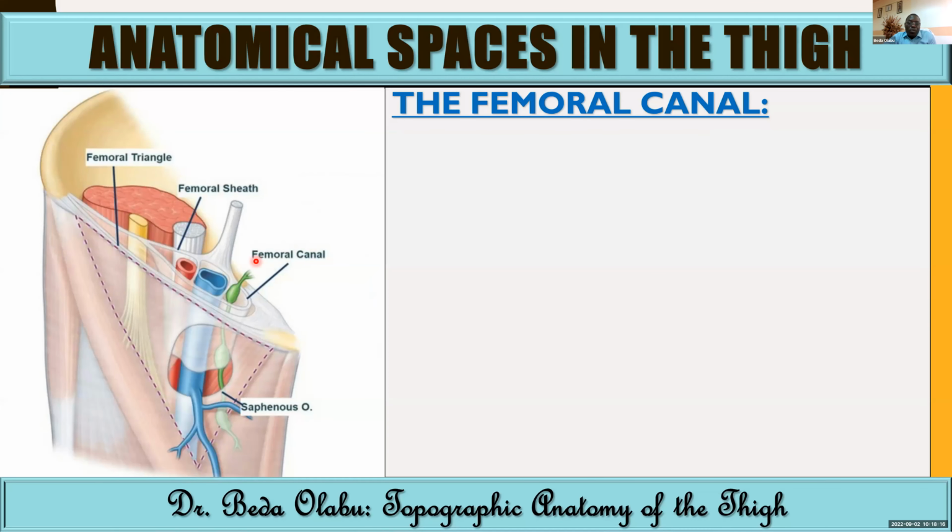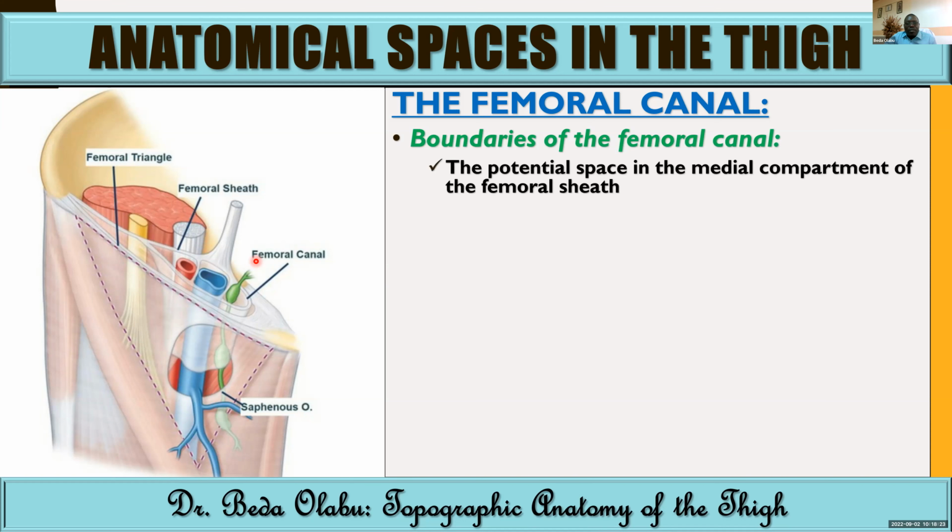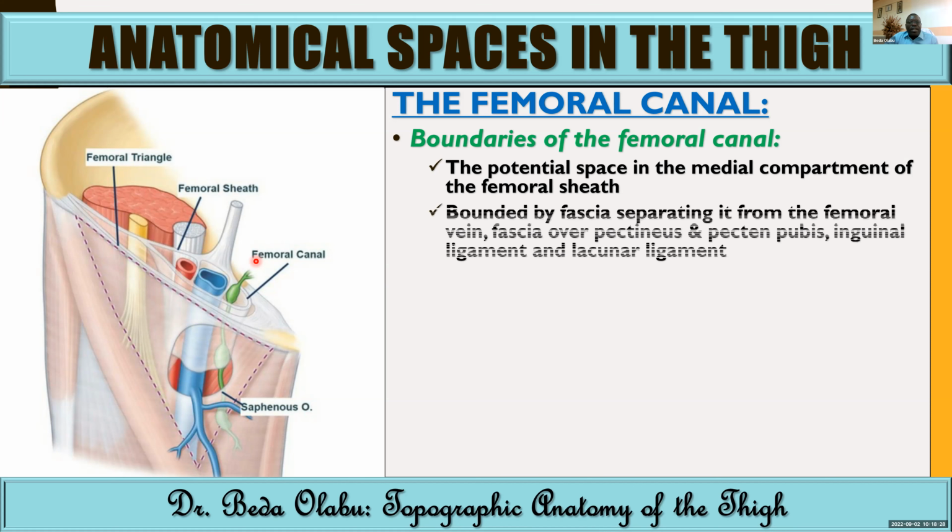Now let's talk about the femoral canal itself. We are narrowing down to the canal. So the canal is that potential space on the medial compartment of the femoral sheath. This canal has some boundaries. On the lateral aspect, it is separated from the common femoral vein by that septum. On the medial aspect, it is bounded by the lacunar ligament.